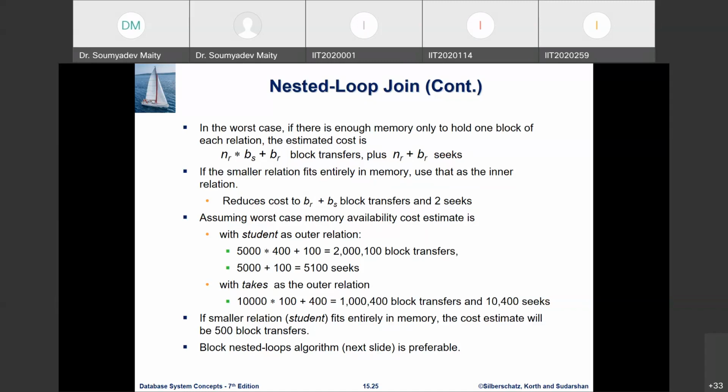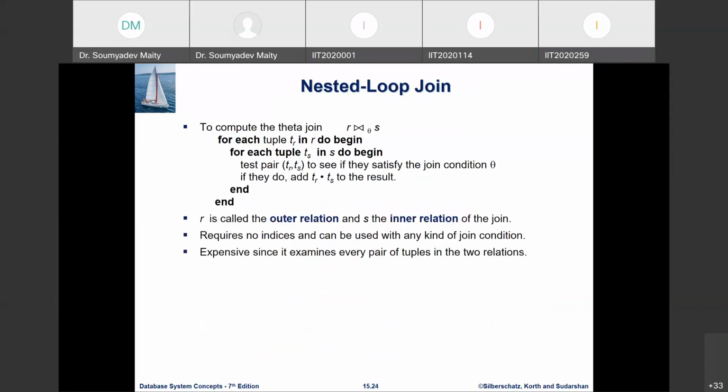So how do you perform the join then according to this algorithm? You have to take the first block of R. Then you compare the first tuple of R with all the tuples of the first block of S. Then you replace the block of S by the second block of S and do the same thing.